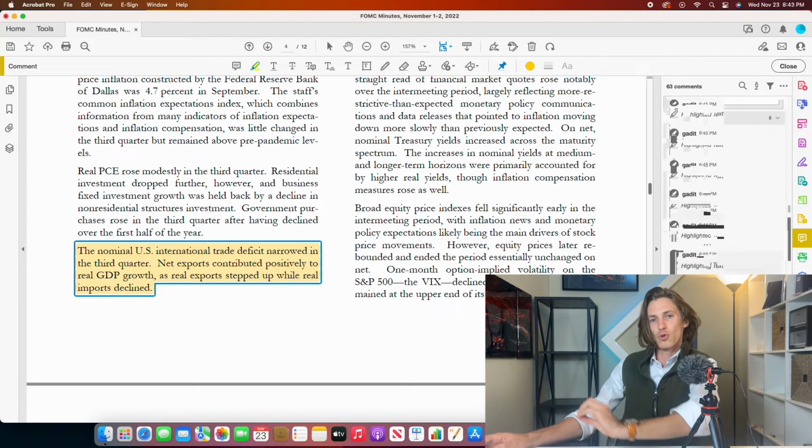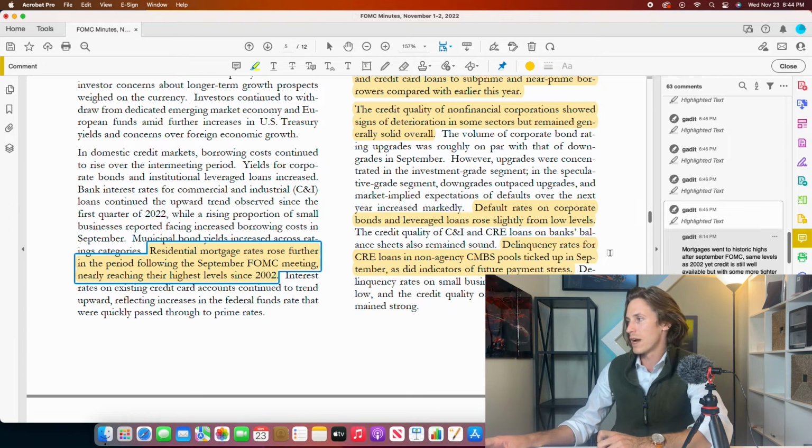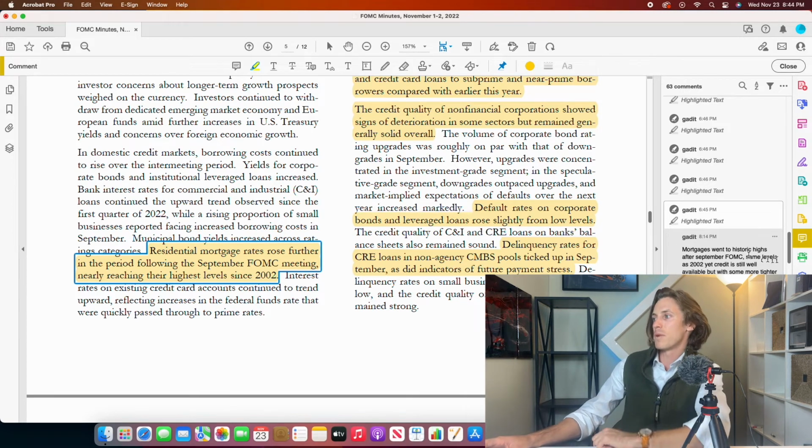Now on to consumer credit and some general commercial credit. Mortgages went to historic highs after the September FOMC because we still had a lot of volatility. However, we all know from my last housing update that because of the Fed decision, which pretty much met what people were expecting, namely 75 basis points, on top of a CPI report which came out better than expected right after the meeting, these mortgages dropped even more.